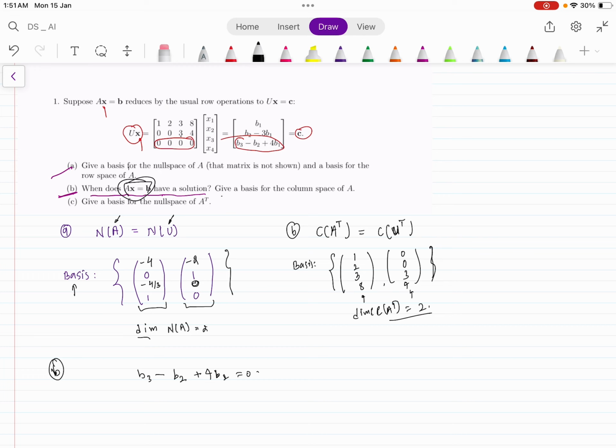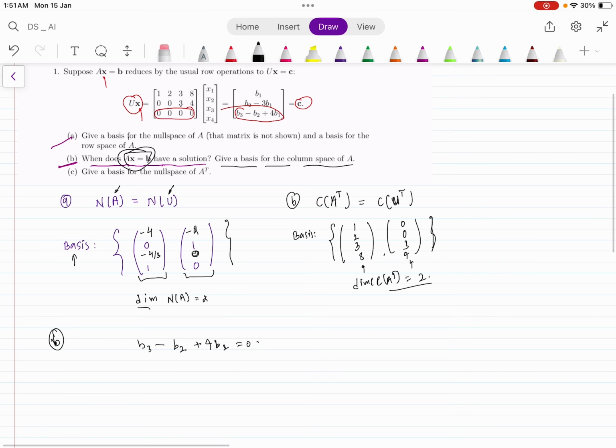Now we have the second part in this. Give a basis for the column space of A, right? So how are we going to find the column space of A? From the fundamental theorem of linear algebra, what does it say? That the column space will be orthogonal to your left null space.